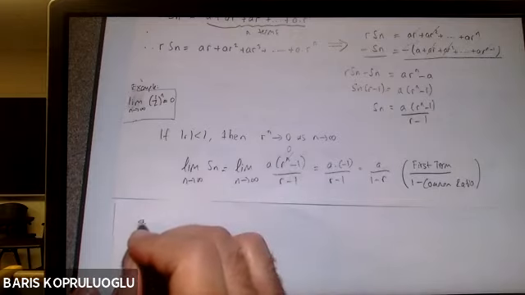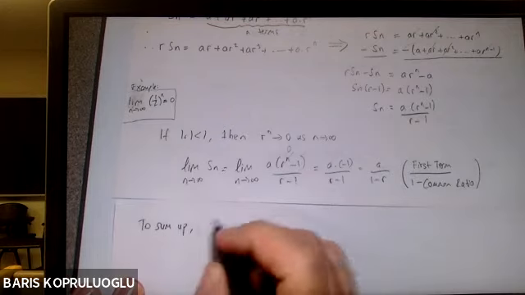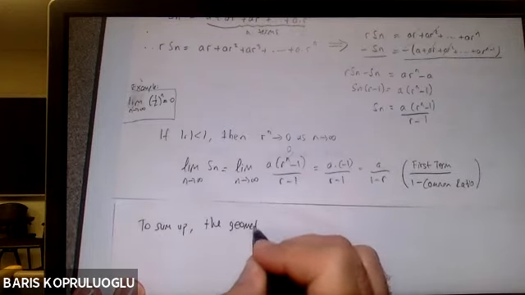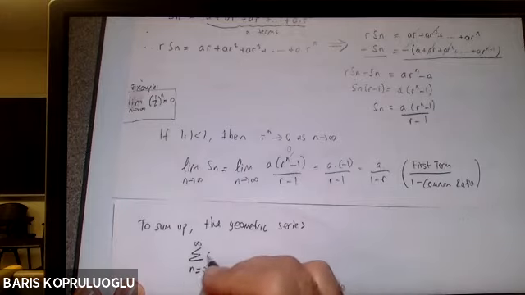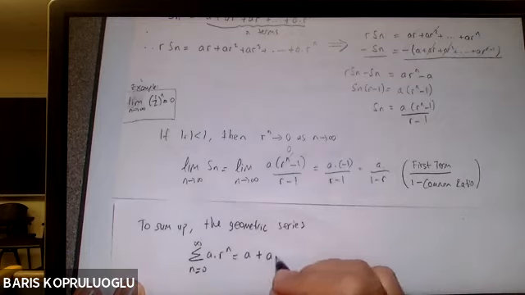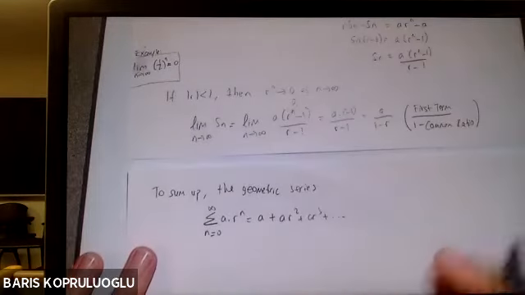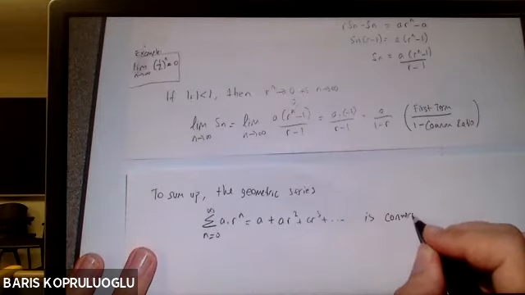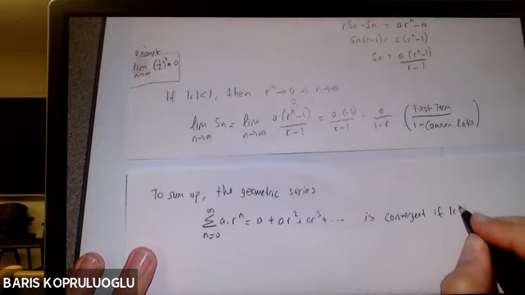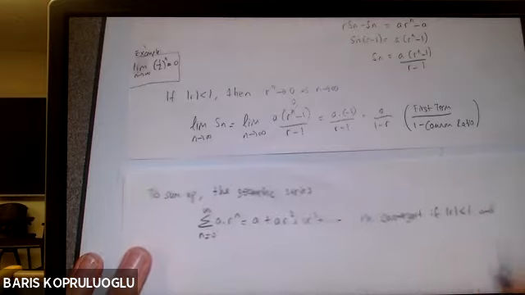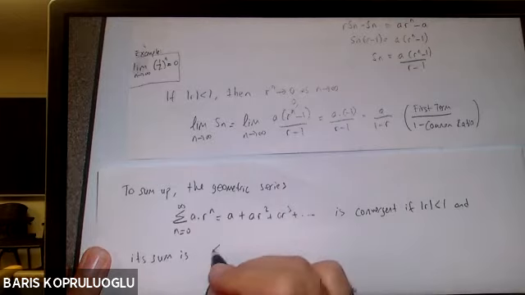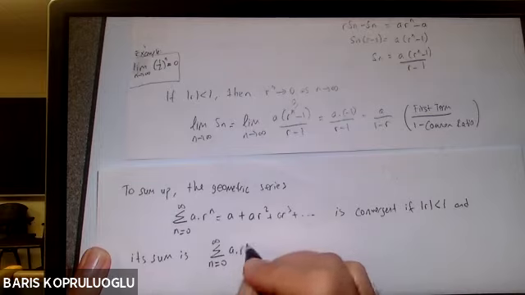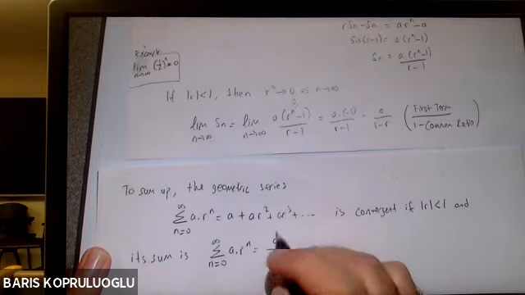So, to sum up, this was the proof, but the fact we will be using is: the geometric series a plus ar plus ar squared, ar cubed, all the way to infinity, is convergent if the absolute value of r is less than 1, and its sum is a, the first term, over 1 minus r.